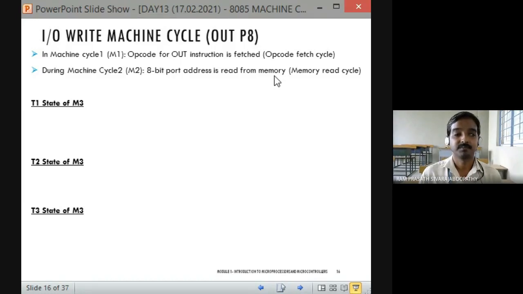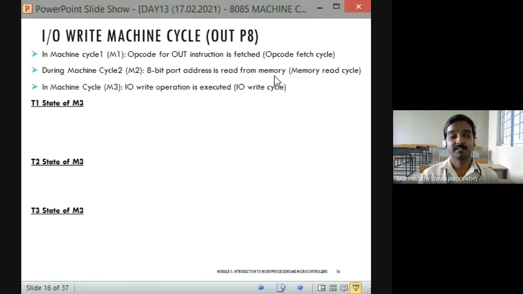What about the last machine cycle now? Now it has to write data to where? An IO device. So what machine cycle has to happen? See, the opcode was fetched from memory, then the memory read cycle was used to read the address. Yes, very good Anthony Surya. The last one is the IO write cycle.